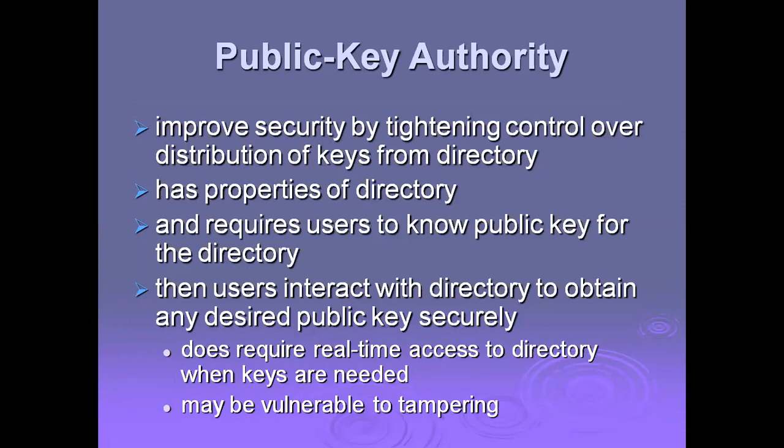All these require real-time access to the directory when keys are needed. Real-time access is required, and there may be vulnerability to tampering. If a vulnerability happens in the network, it can lead to tampering, so the transmission must take place successfully before that. This is how the public key authority imposes this.